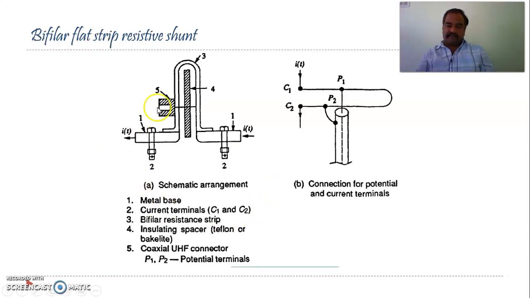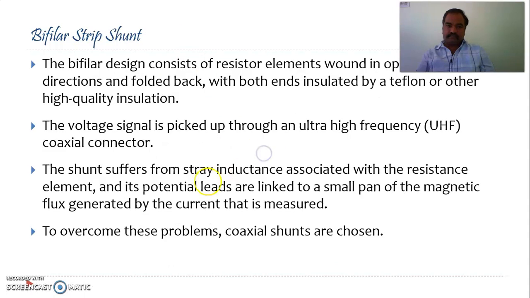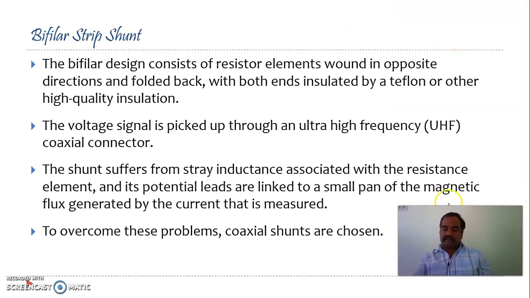Now, see here, this is a bifilar flat strip resistive element. First, we will discuss the operation, then we can see this one in the figure. See here, bifilar strip shunts.